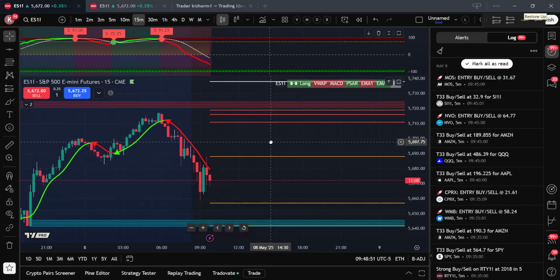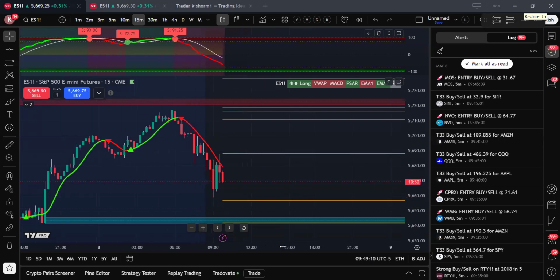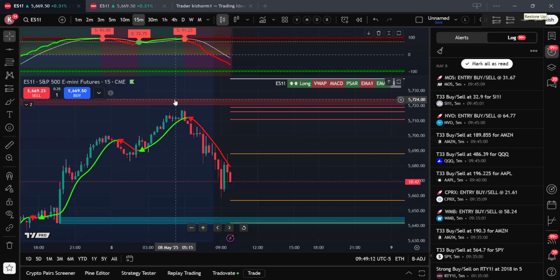So yes, ES and NQ, because of a positive catalyst last evening, that news is that Trump is going to reduce the taxes on the chip stocks, right, the import taxes, all those things. Because of that, market moved so much overnight in the Europe and Asia markets.